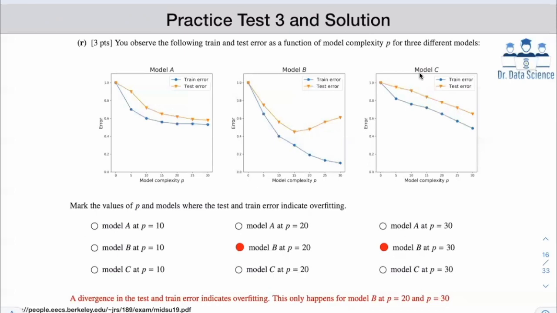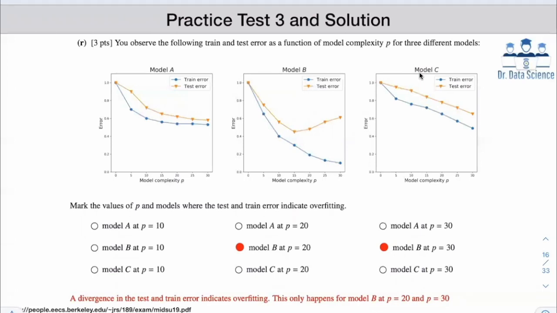So here it asks for what values of P, where P is the model complexity, we have overfitting, right? Remember, overfitting means that the model performs well on the training data, but not on the testing data. And you can see that that's where this happens. So model B at both 20 and 30, this is where we have overfitting.